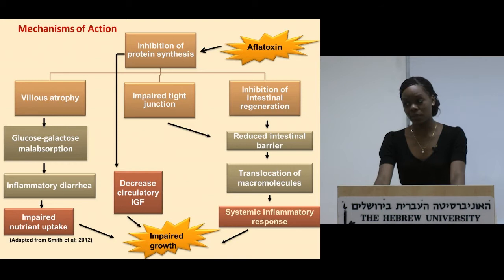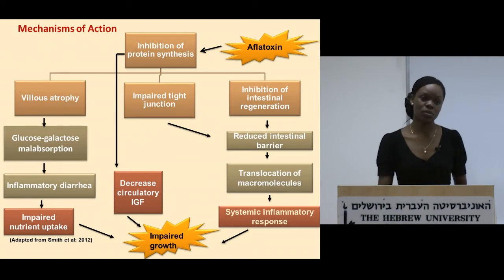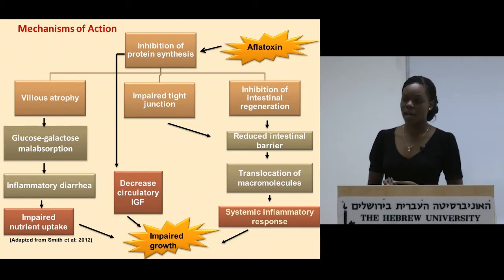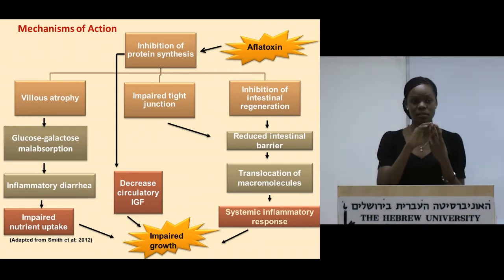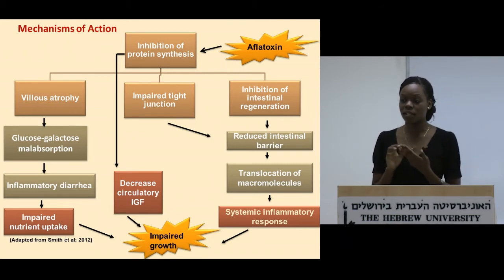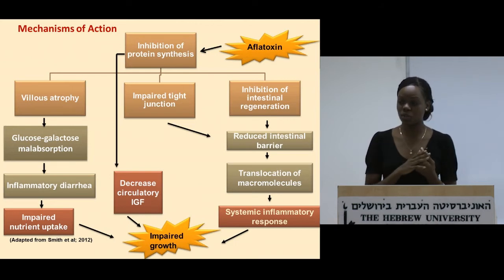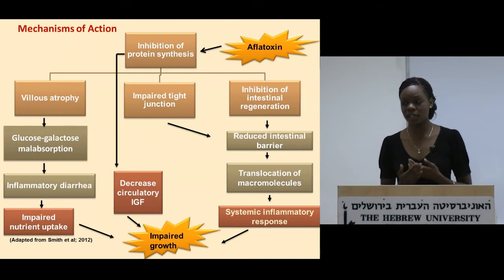Furthermore, inhibition of protein synthesis also causes villus atrophy. Villi are the finger-like projections that increase surface area for absorption. So once they erode away, the surface area for absorption of nutrients decreases.